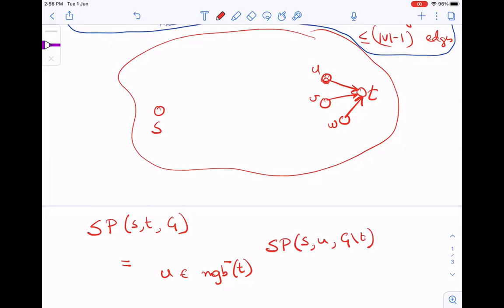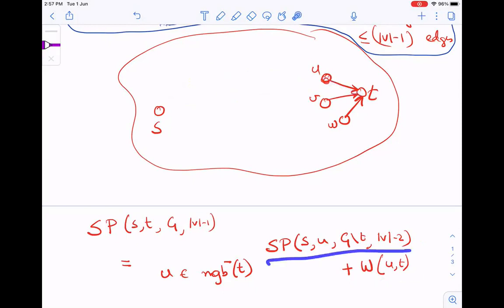Now this will be the shortest path. I forgot to tell you a very important thing: I have this v minus 1 over here, say I have this v minus 2 over here, and I'm just interested in all the paths of length v minus 2 from S to U. In that case, the shortest path from S to T via this path would be this plus the weight of U comma T, which is the cost of this edge.